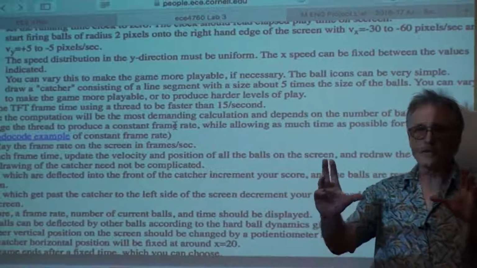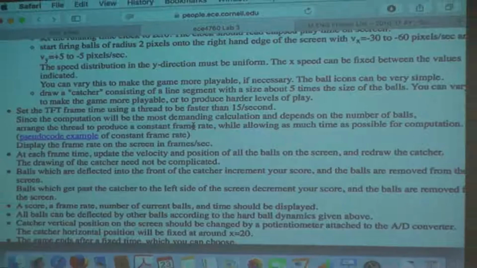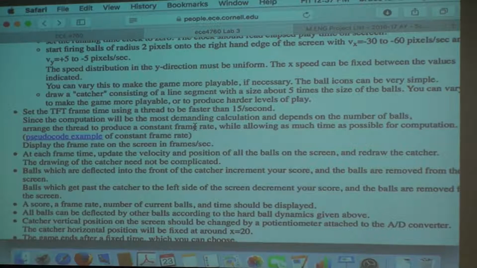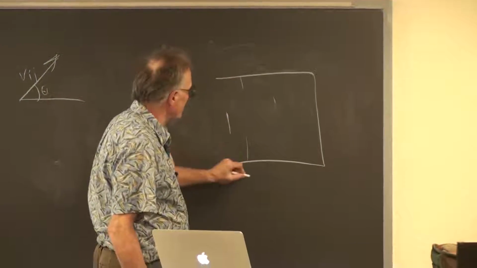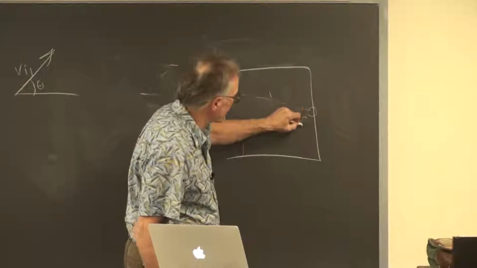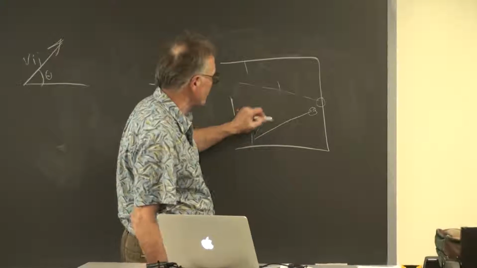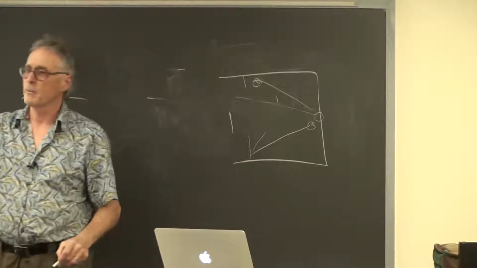When the game starts up, there's going to be no balls on the screen. You've got the empty field, the quivering paddle sitting there, the catcher. The first ball flies on, goes in some direction. The second ball flies on, goes in a different direction, bounces off.